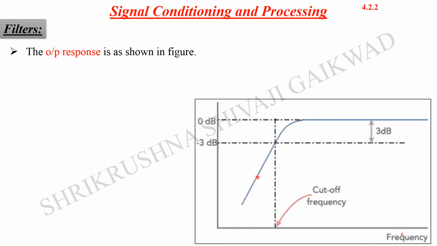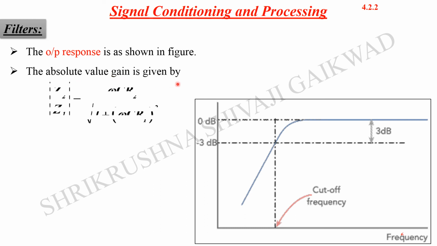Now the absolute value of the gain is given by mod of Z2 by Z1 is equal to omega C R2 upon root of 1 plus (omega C R1) squared, normalized by using the complex number with its complex conjugate.